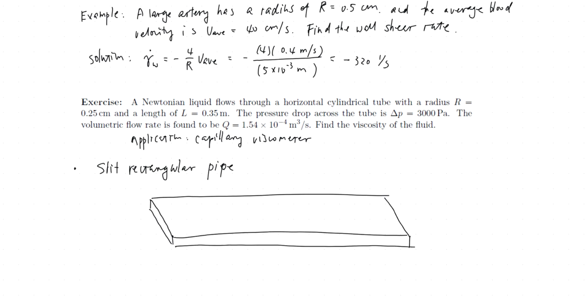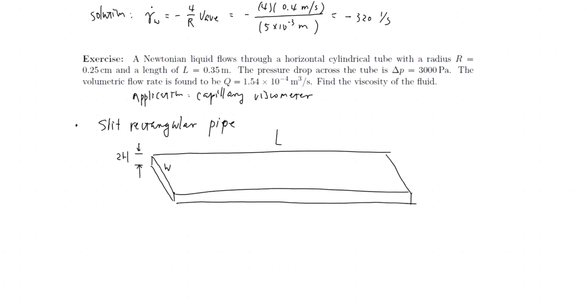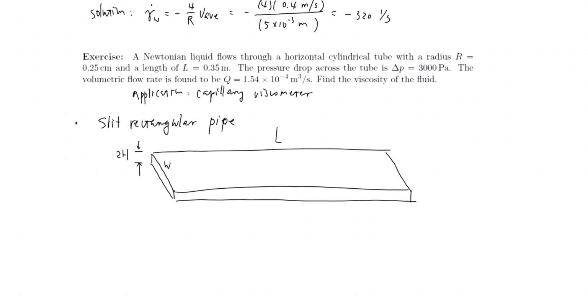The pipe has length L, width W, and height 2h. The slit means H is much less than W, and W is much less than L.